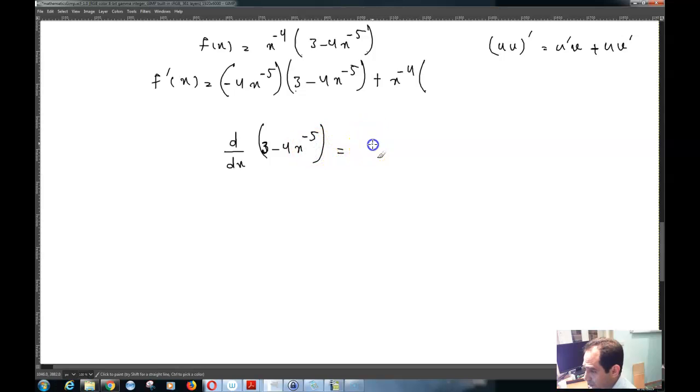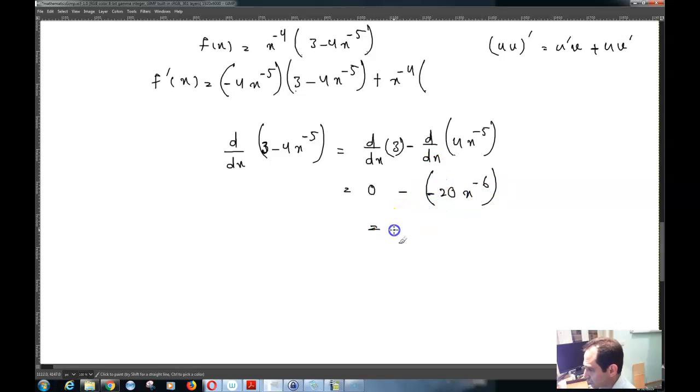which is equal to, for example, d by dx of 3 minus d by dx of 4x raised to the power negative 5, which is equal to 0 minus negative 20x raised to the power negative 6, which is equal to 20x raised to the power negative 6.